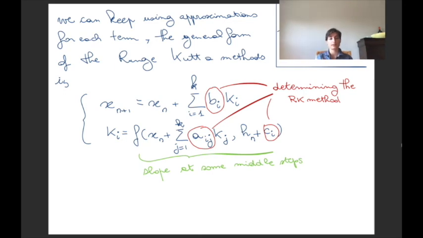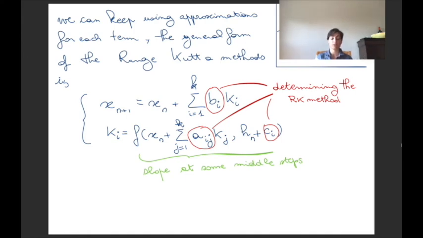The idea is that each Runge-Kutta method is defined by these values b, a, and c. And the idea is that xn plus 1 is equal to xn plus a bunch of terms that are the value of the slope at some middle steps between xn and xn plus 1.